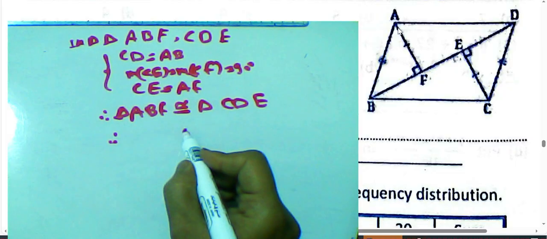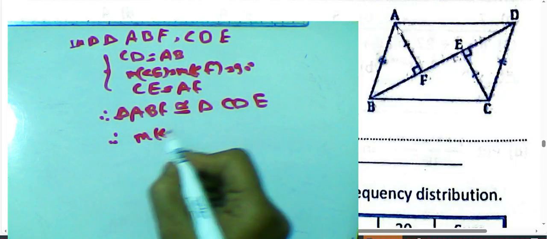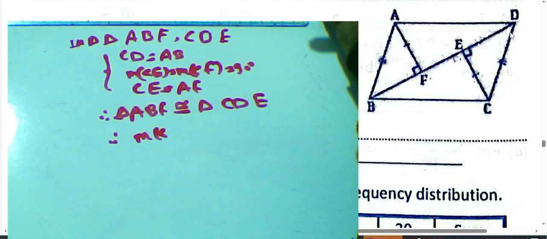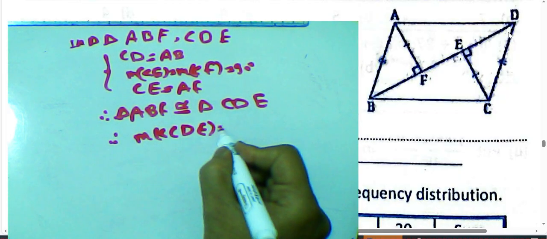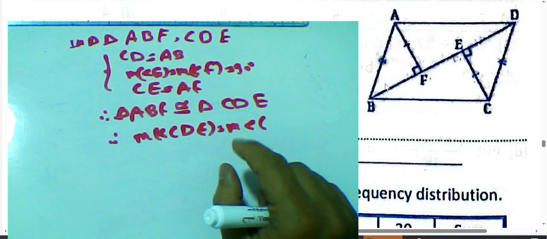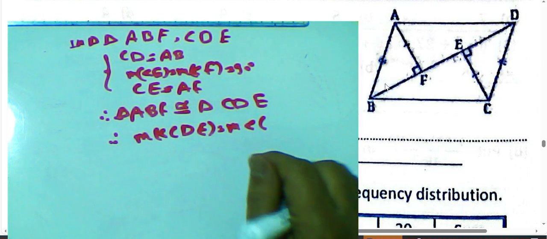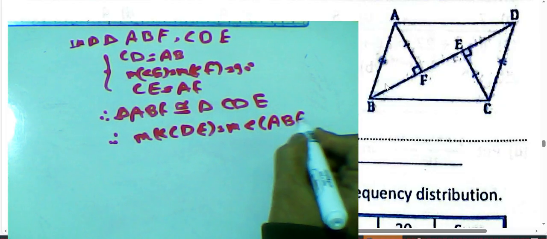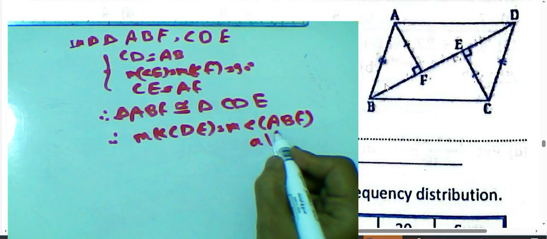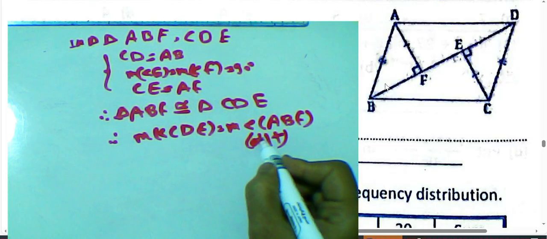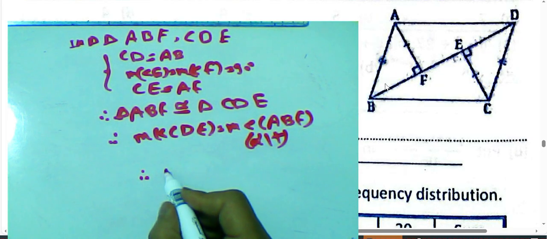So the measure of angle, look here, this angle CDE, the measure of angle CDE is equivalent to the measure of this angle here, now I will write ABF. They are equal in measure, alternate angles. It's the converse. Then we prove that now.